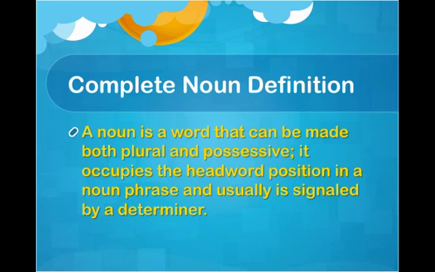So you'll notice why people, places, and things fit this definition. Most people can be made plural and possessive. We can talk about teacher, teachers, the teacher's. Places: store, stores. And of course there's always things: a cup, the cup's handle.